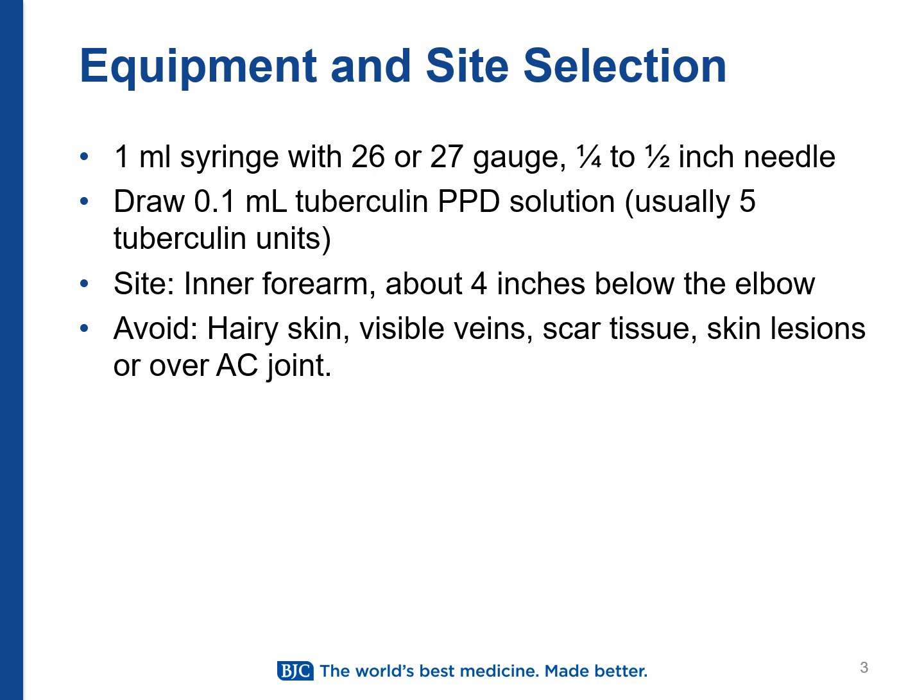We make sure that the vial is within its expiration date and has been stored in the refrigerator to preserve its potency. The injection site should be the inner forearm, about 4 inches below the elbow. We want to avoid any scars, veins, redness, or hair. Choosing the right site and equipment ensures accurate placement and reliable results.